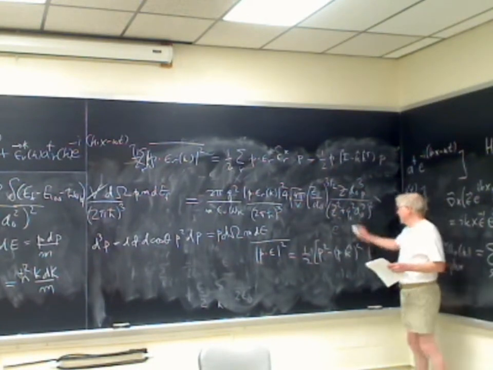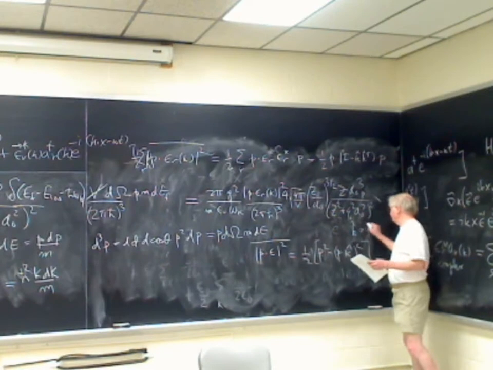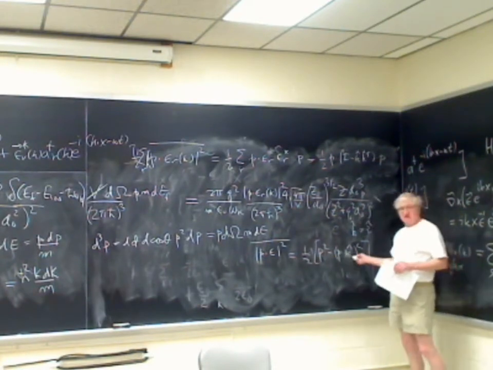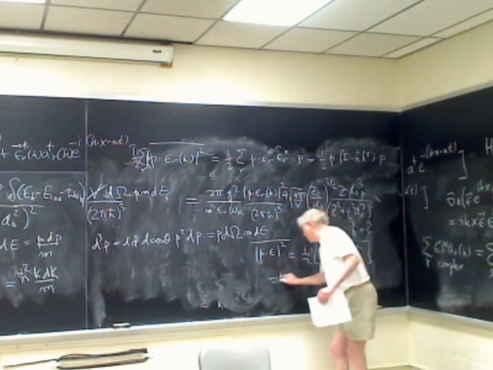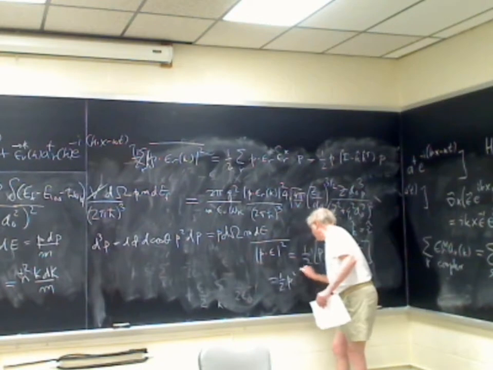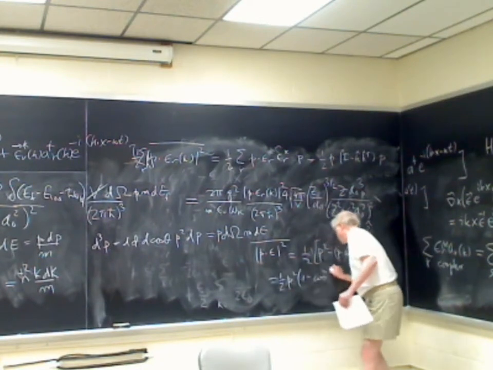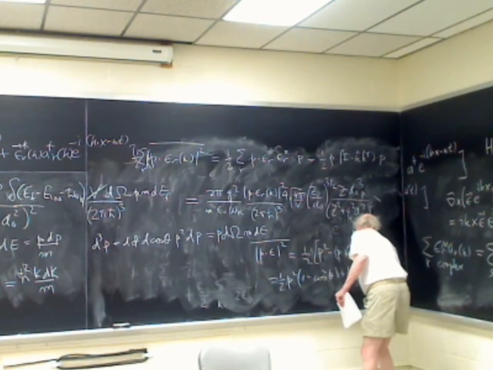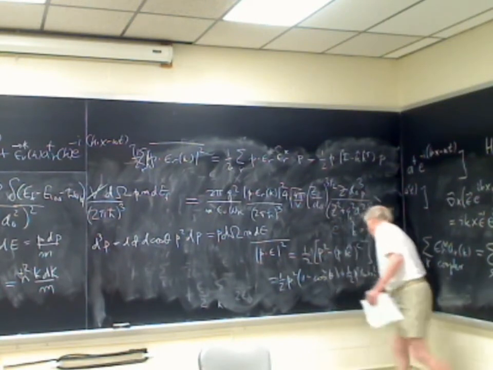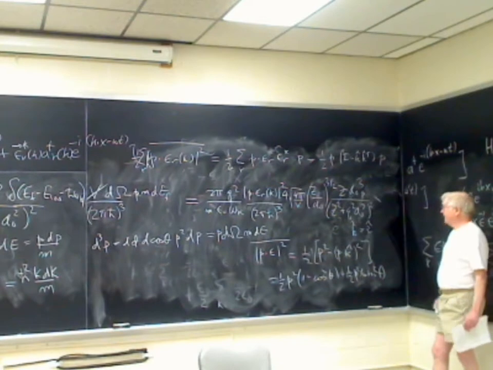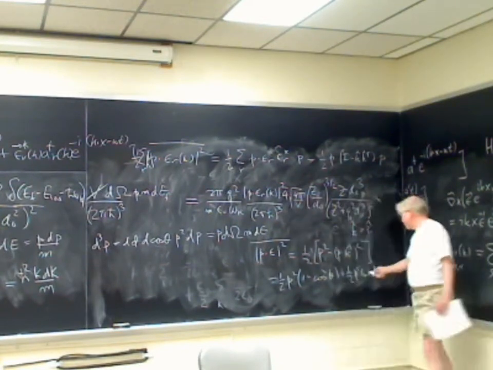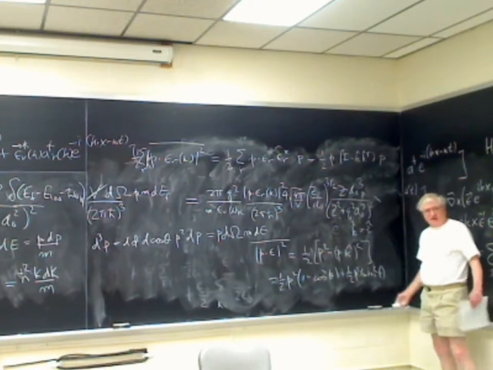Let's suppose K hat is in the z direction, then this is P squared cosine squared theta. So this is then 1/2 P squared (1 minus cosine squared theta). So it's altogether 1/2 P squared sine squared theta. So that's what happens to this. That becomes 1/2 P squared sine squared theta.